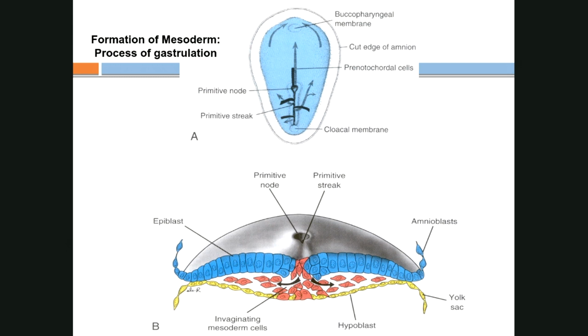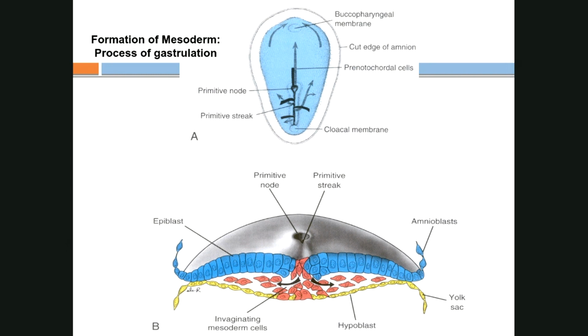So the primitive streak is ultimately responsible for forming mesoderm in the middle, and it forms the notochord from the central part, going out between the ectoderm and endoderm, and in the central part it goes up, as you can see from the arrow going up in the cranial part, to form the notochord.